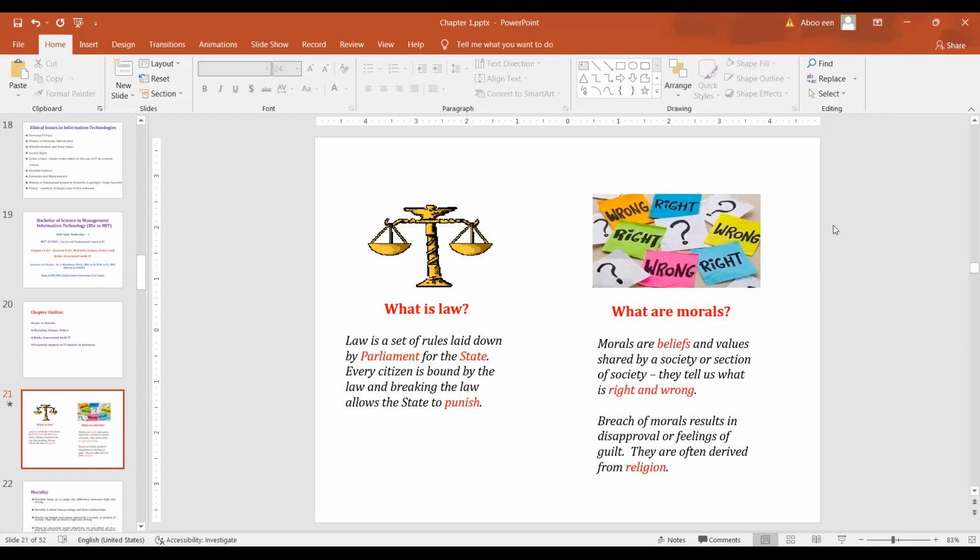When a person breaks this moral belief, he may feel some guilt or dissatisfaction, and other people in society may think differently of that person. Assume someone is drinking alcohol in the society.